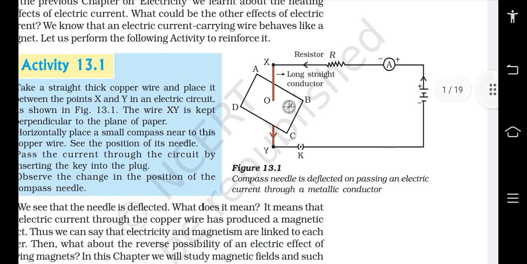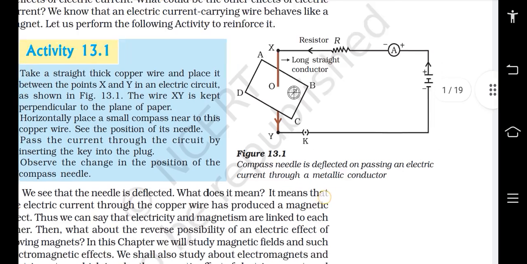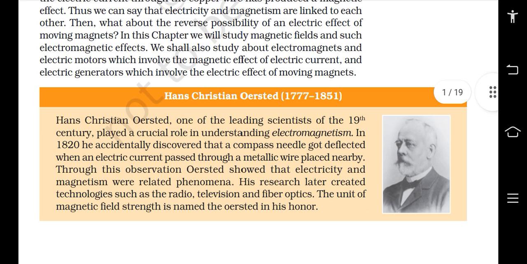That's why the compass gets deflected here. This concept was put forward by Hans Christian Ørsted in 1820, and he gave the name electromagnetism. 1820, Hans Christian Ørsted, keep this name in mind also.